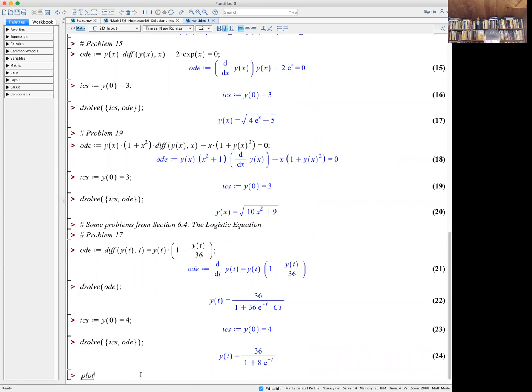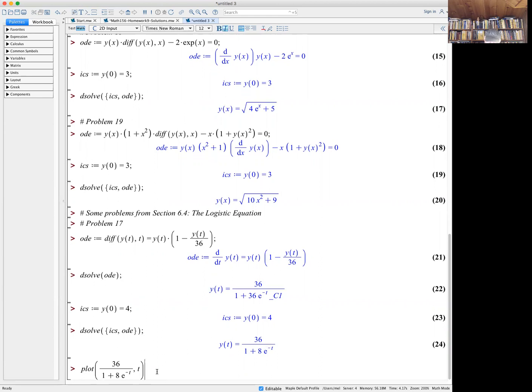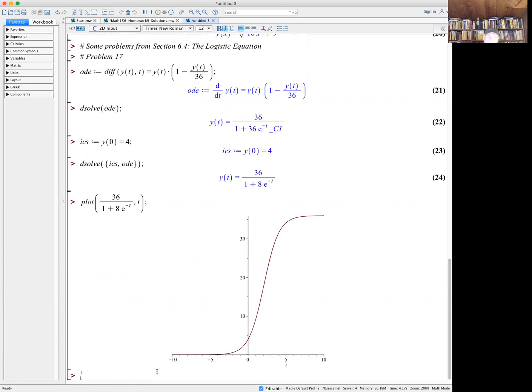Let's see if we can plot this. Suppose we plot this with respect to time. That's what it looks like. This is exactly your logistic curve.